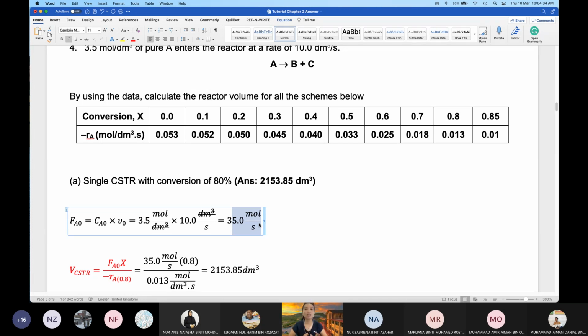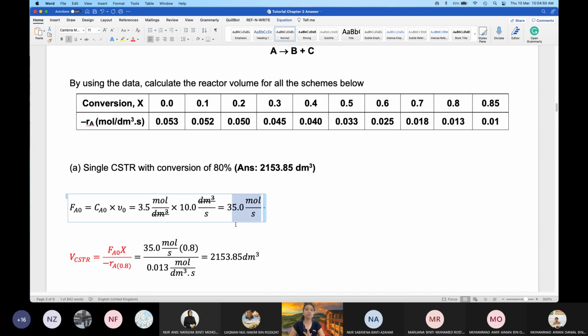The question will no longer be straightforward, saying okay, find FA0. But you have to know by yourself that to solve this, I do not have enough information yet, and how do I get that information first to finally solve the equation that I want. Okay, so that is one part you have to really bear in mind when solving engineering questions. So done on FA0. The X is 0.8, because the question says conversion 80%.